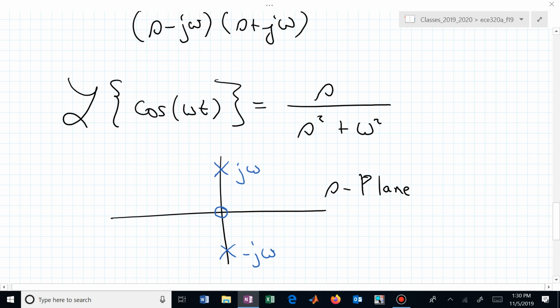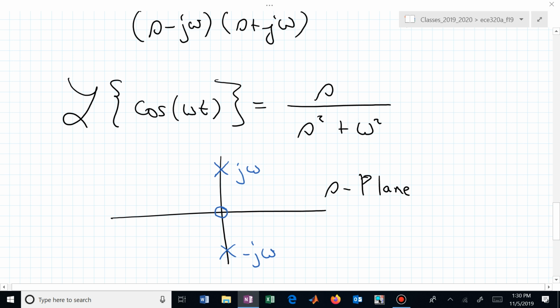And does this sort of make sense? If you now wanted to say, what's the frequency response of this cosine? What signals does it like? Now when you're walking up, as soon as you get right on top of that j omega, it really goes crazy, doesn't it? Because you're dividing by, that's a pole.